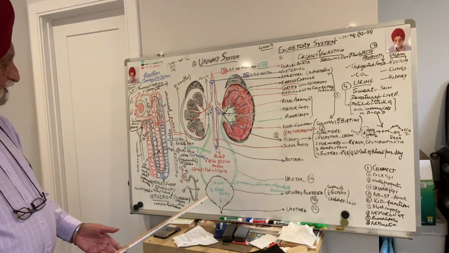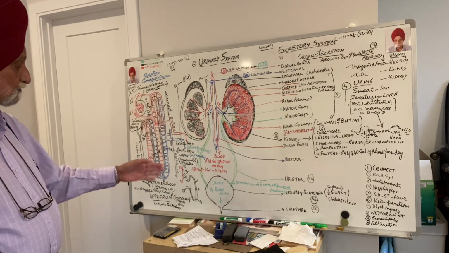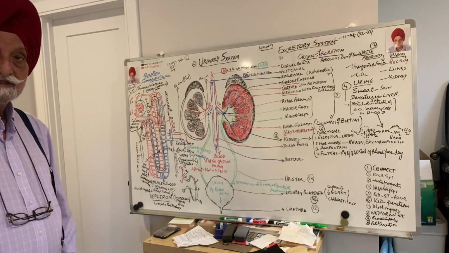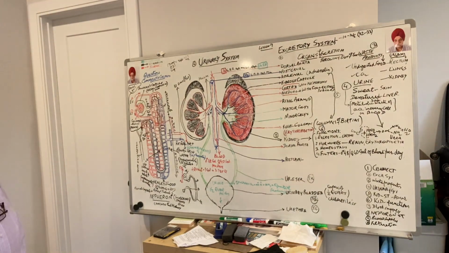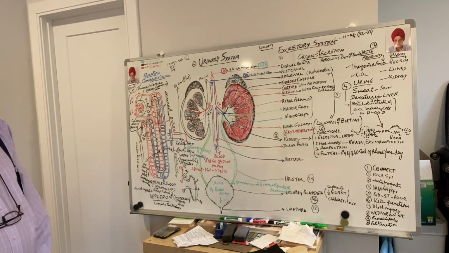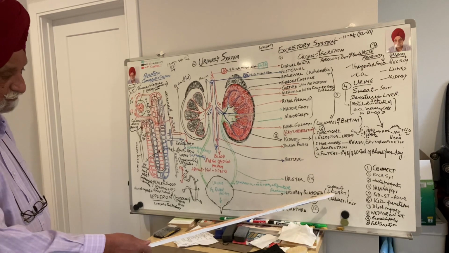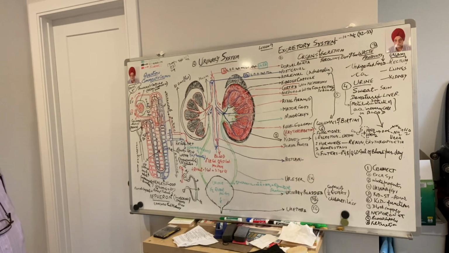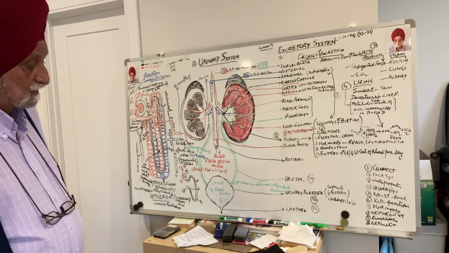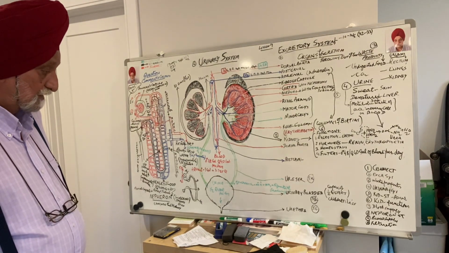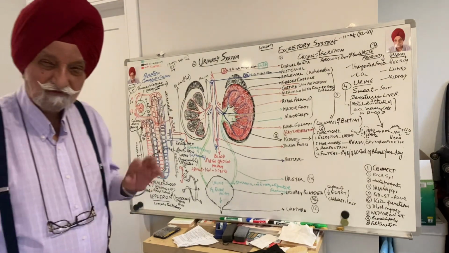Now, as the urine comes in here, after it has been filtered by the uriniferous tubules, it is collected in the urinary bladder. The capacity of the urinary bladder is around 500 ml, half a liter, or half a quart. In children, it is a little less, but in grown-up persons, the capacity of the urinary bladder is around half a quart, or 500 ml.